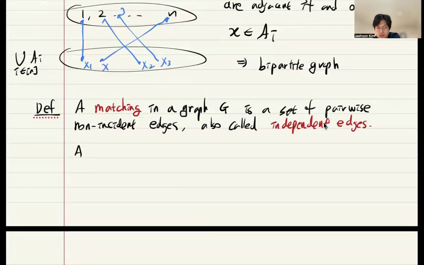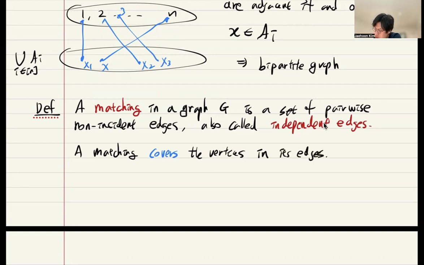And we want to define certain language, certain terminology, so that our discussion later will be more efficient. And we say that a matching covers the vertices in its edges. So this matching covers all these vertices.